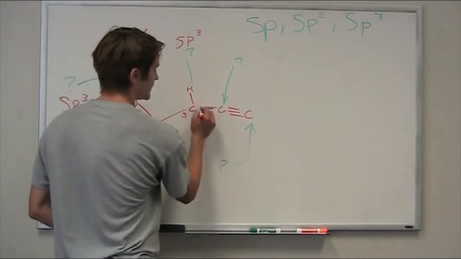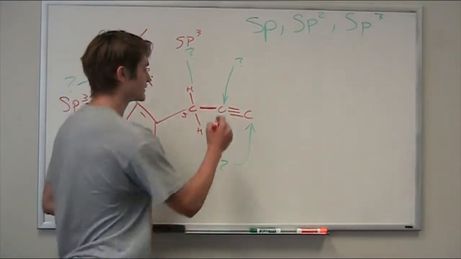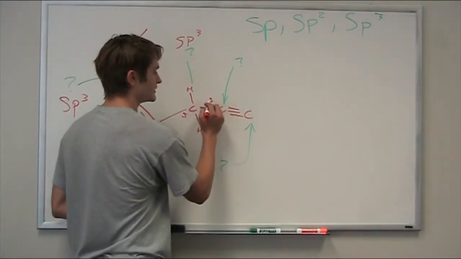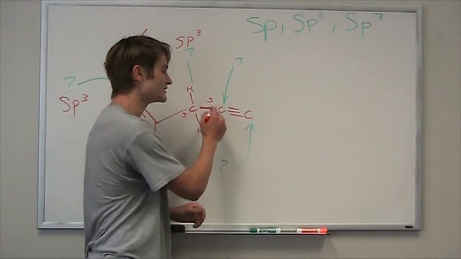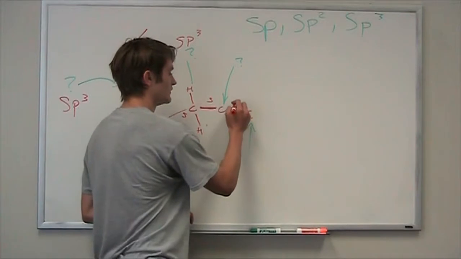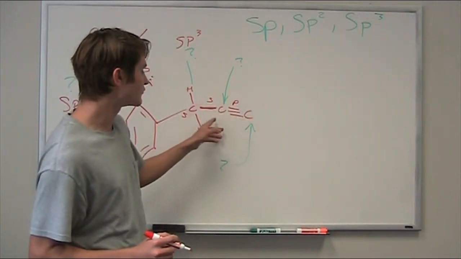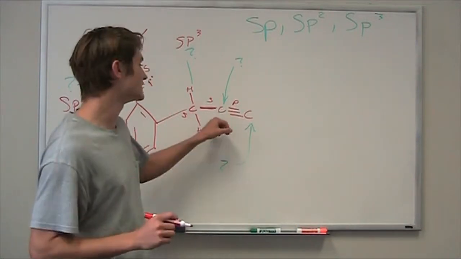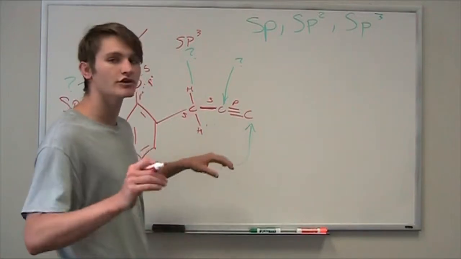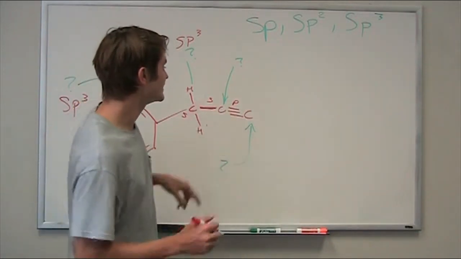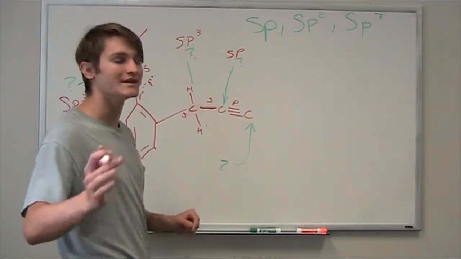Now this carbon has, like one of the examples I showed you, one right here, this is your S. Any one could be S, any one could be P. You just number them off, so this is the S orbital and this one's a P. You know carbon is active with 4 bonds unless you see a negative or positive charge, so you don't have to worry. There's only P1, so it's sp.